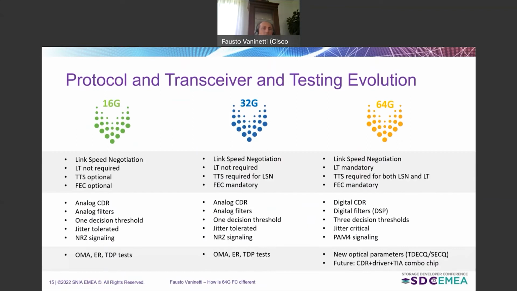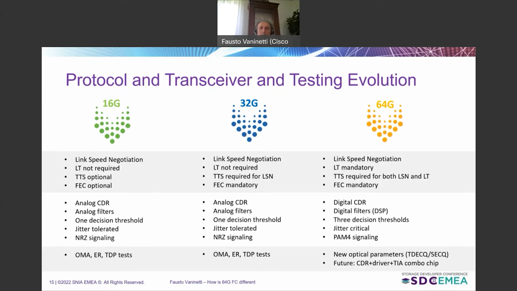And I want to present to you the differences between the past and present day technology. For example, every Fibre Channel speed supports speed negotiation. This is required in order to achieve plug and play and backward compatibility. So link speed negotiation is present at 16 gig, 32 gig, and 64 gig.